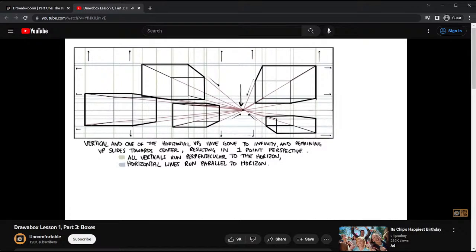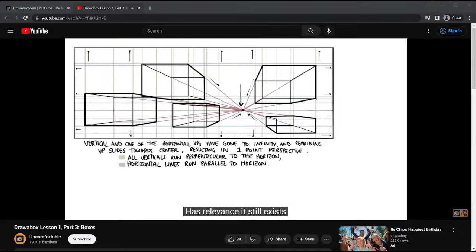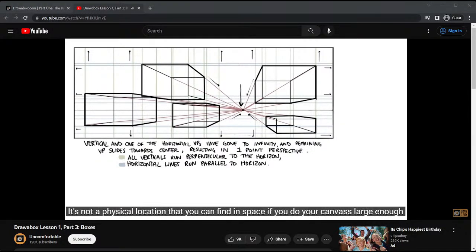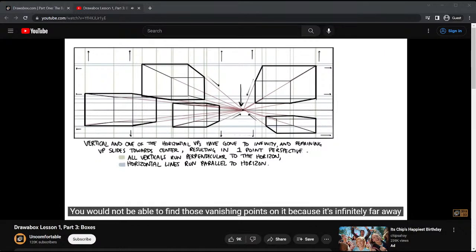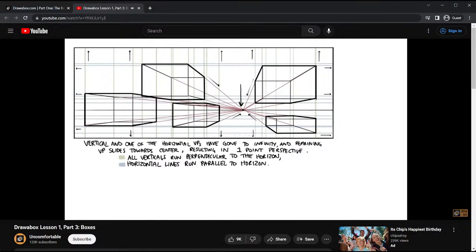They still exist. Infinity is still a concept that has relevance. It's just no longer going to have any real convergence. It's not a physical location that you can find in space. If you drew your canvas large enough, you would not be able to find those vanishing points on it because it's infinitely far away.